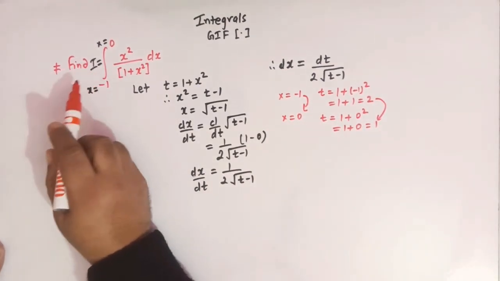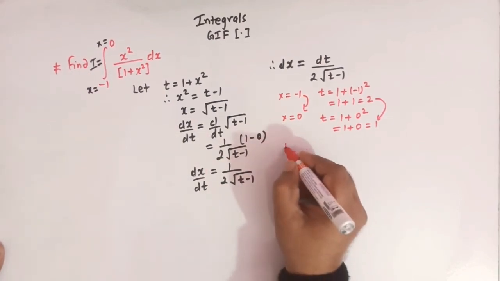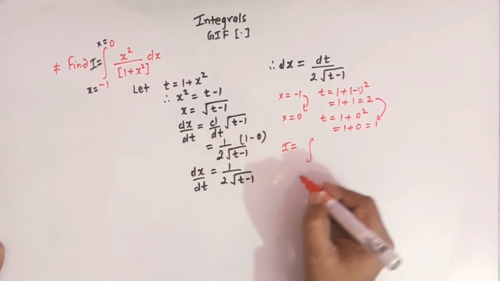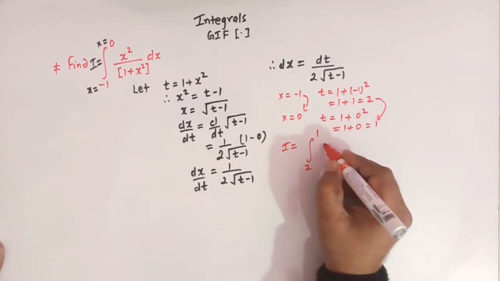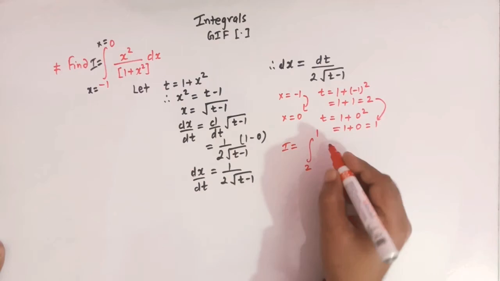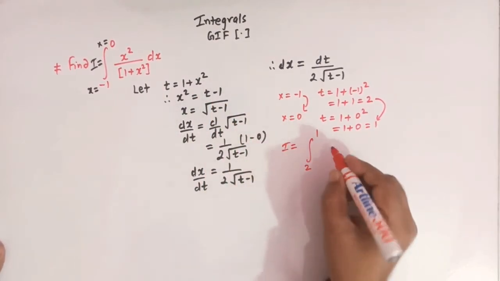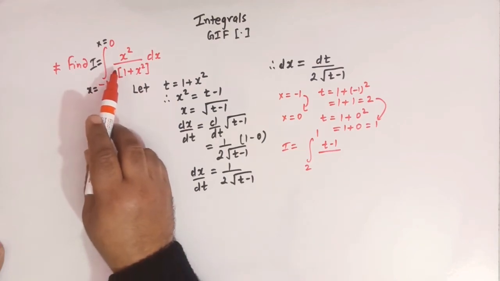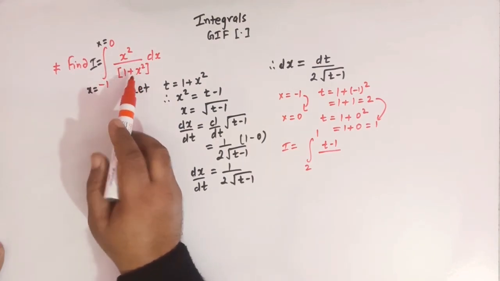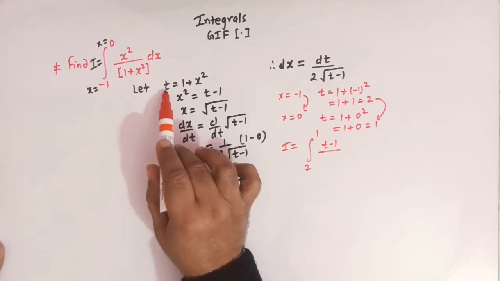Now let us write this integral I in terms of t. We have the limits from 2 to 1, and for x square we write t minus 1, and in the denominator we have the greatest integer of 1 plus x square, which is replaced by t.